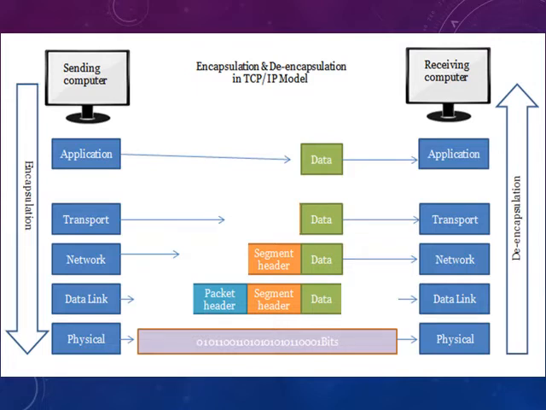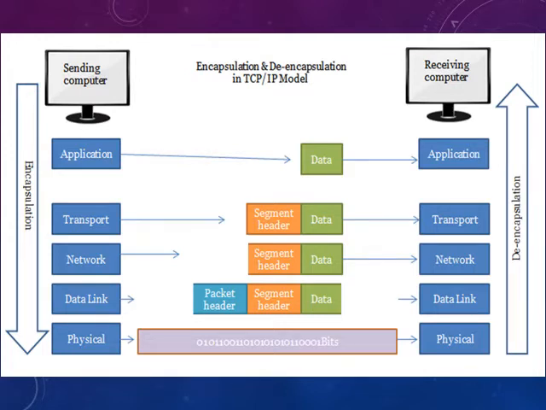Now let's look at this diagram to see how encapsulation and decapsulation work at the sending side and the receiving side. At the sending side, at the application layer, we have the data. Then the data moves to the transport layer, where a segment header is encapsulated to the data.